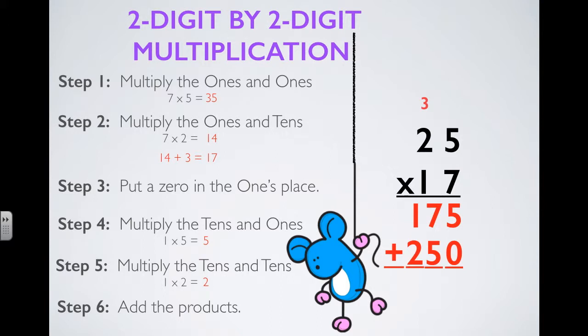We add these just like a regular addition problem and add straight down. 5 plus 0 is 5. 7 plus 5 is 12, but we have to carry the 1. 1 plus 1 is 2, plus 2 more is 4. So our answer, or our product for 25 times 17, is 425.